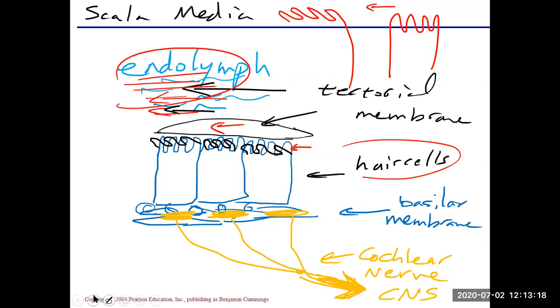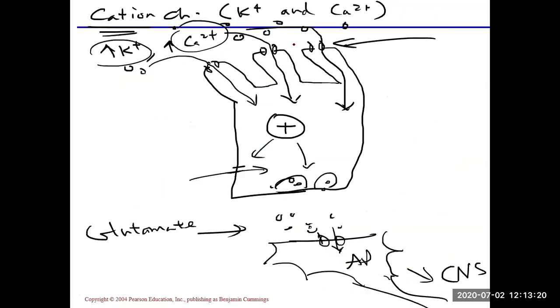All right, so what does that do? Let's go ahead and take a look. It opens up a potassium channel and a calcium channel. Now, these two cations happen to be very rich inside of the endolymph. All right, so they're both cations. They can go in there and cause the action potential, and this action potential can propagate and release the neurotransmitter. And most likely, this neurotransmitter is glutamate.